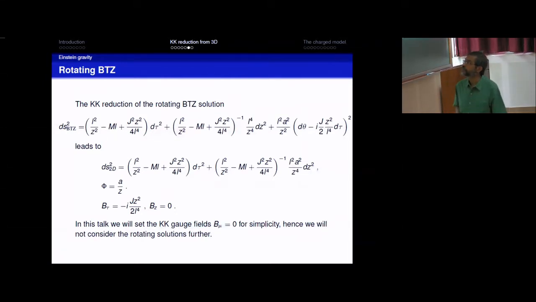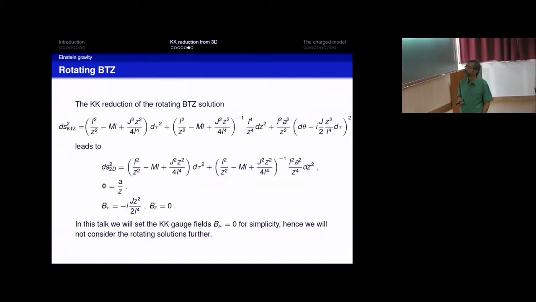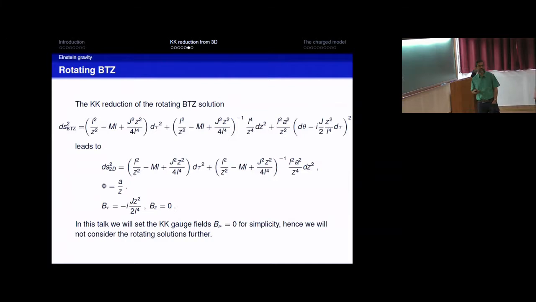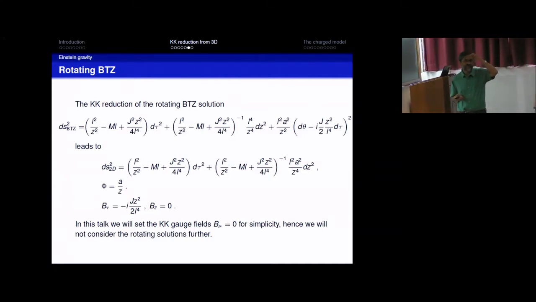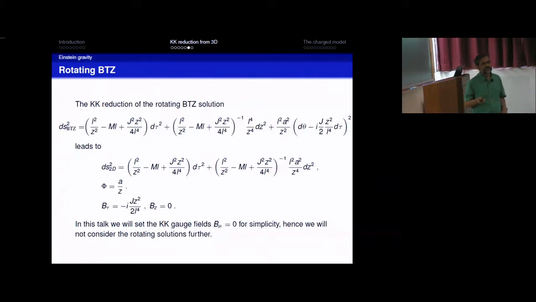Put B mu equals 0, will you put J equals 0 for beta non-zero? That's correct. That is why we are taking the non-rotating situation, just to have the Kaluza-Klein gauge fields equal to 0. This was not done for any conceptual obstacle, but for simplicity, because as soon as the Kaluza-Klein gauge fields came in, they made the analysis of the theory quite difficult.